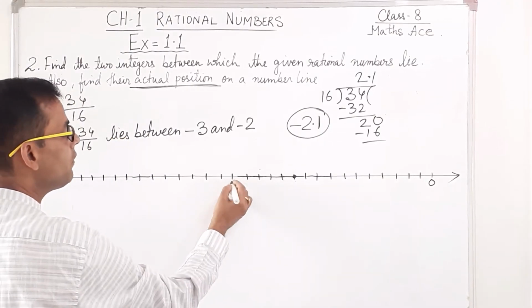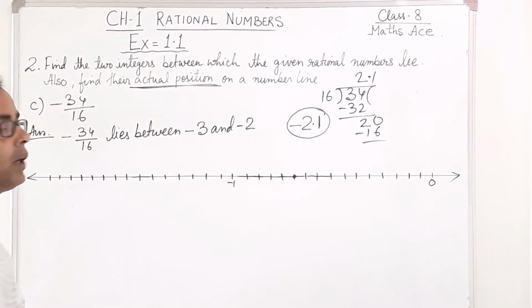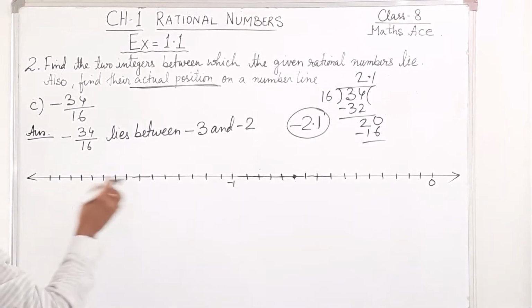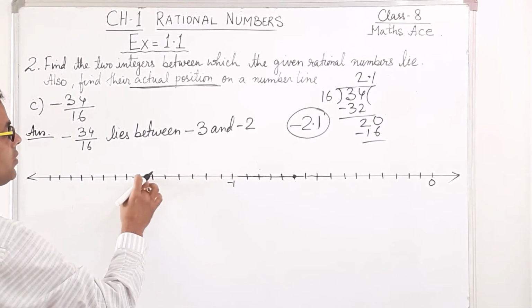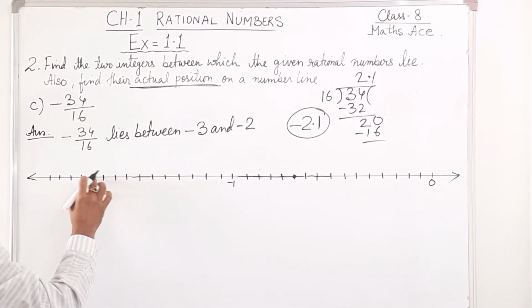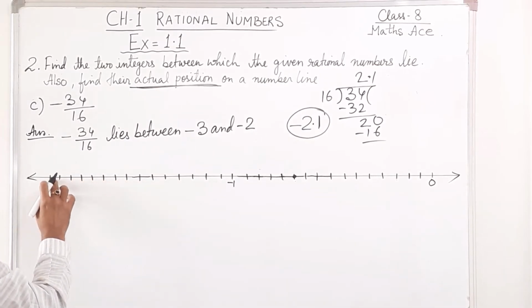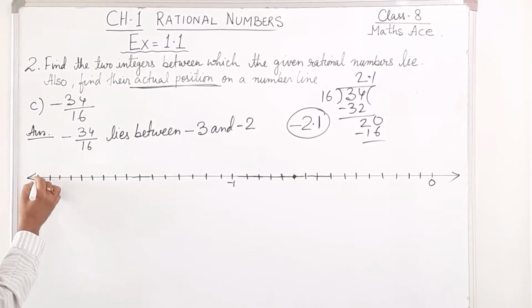So 16 coming, here will be minus 1. Clear? Then again 16 boxes, 1 to 16, so this will be minus 2.